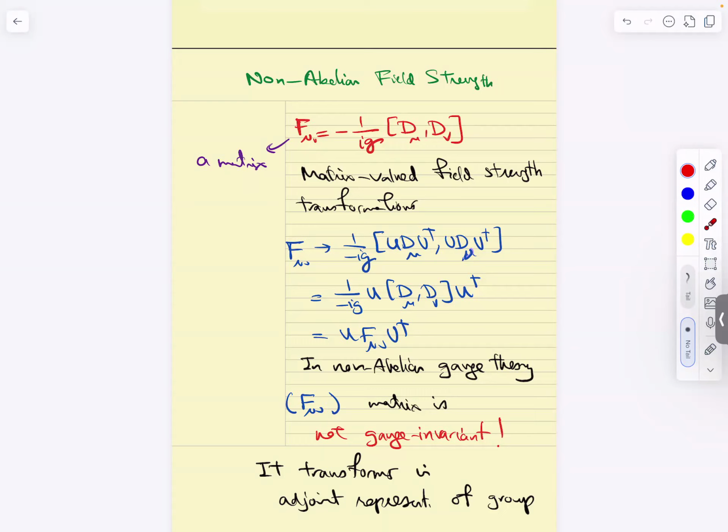This is all done in representation R. So this trace is in that representation R, and what I divide by depends on the representation. We're going to spend some time deriving what this is. But this is called Yang-Mills theory.